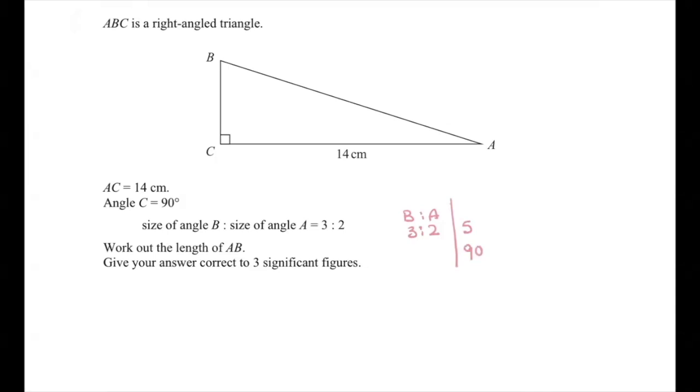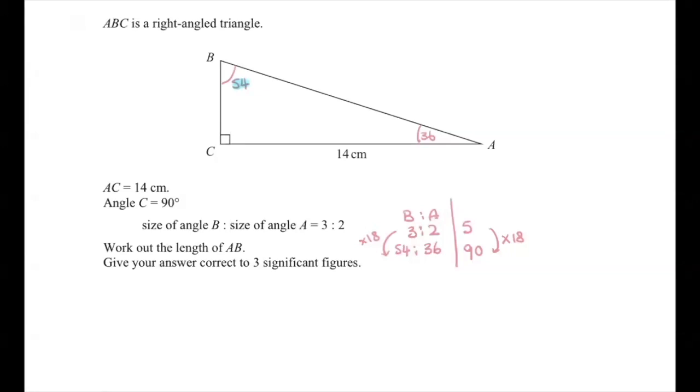How do I get my 5 to become 90? I times by 18. I do the same to the other side, giving me my angles. B is 54, A is 36. And I can mark those onto my diagram so that I've got that clear. I only need one of those angles, so you've got to just choose one.